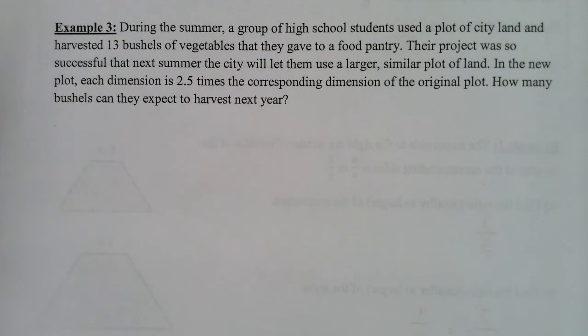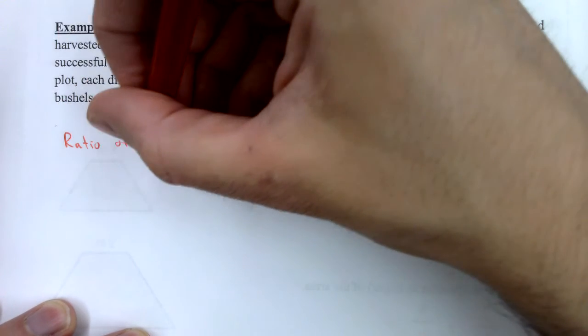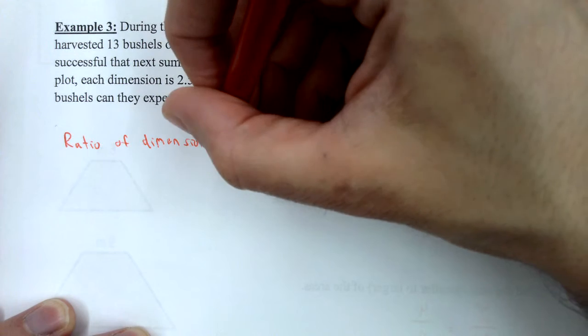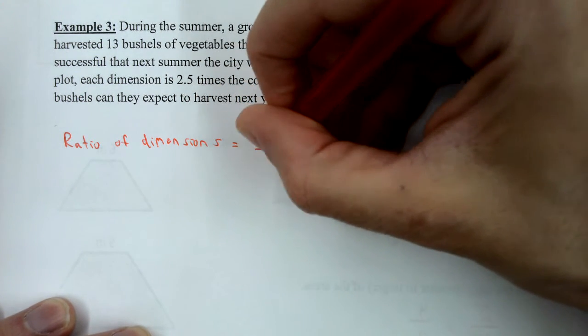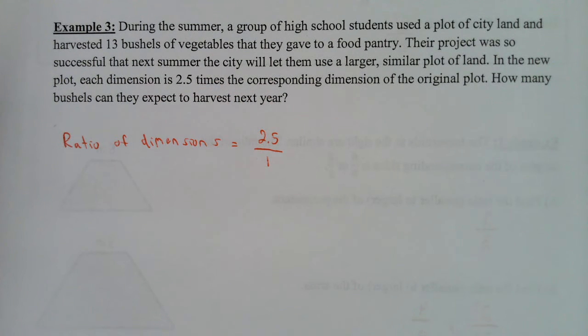Okay, so let's start with the ratio of the dimensions. It's 2.5 to 1, because it's 2.5 times the original dimension. From that, let's get the ratio of the areas.